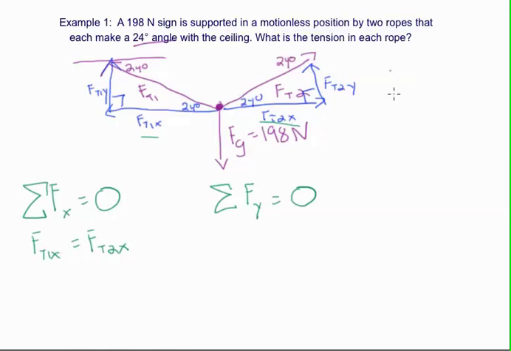So we know that FT1 is equal to FT2. So we could say FG equals FT1Y plus FT2Y. And since we know that those are the same thing, we can say that FG equals 2FTY.